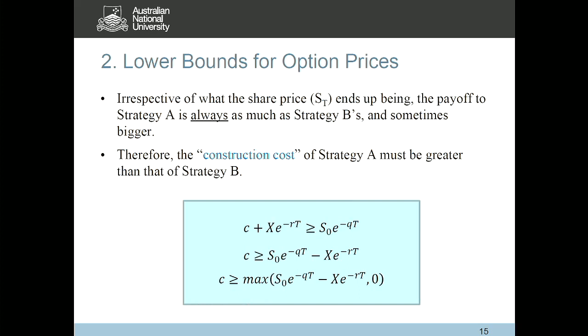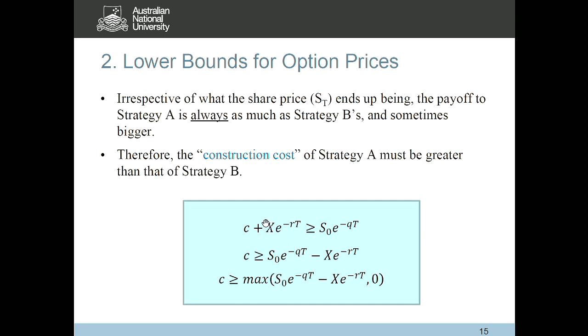Then you just need to ask yourself how much you're willing to pay to get into strategy A, and how much to get into B. Well, how much you pay is simply the construction cost: how much it costs you to set up A and how much it costs you to set up B. We know the setup cost for portfolio A is one call option plus the present value of the face value.